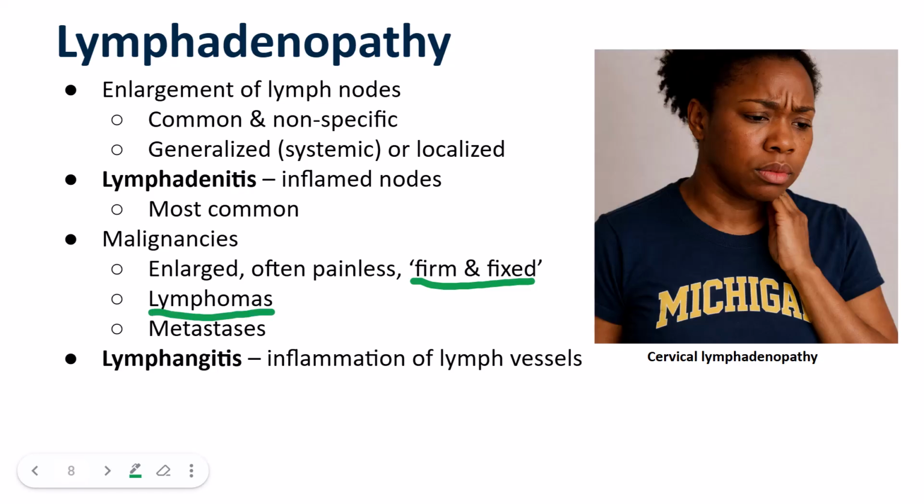This may be indicative of a metastasis. So there could be a carcinoma which has traveled from a primary tumor and is spreading throughout the lymphatic system from node to node. There's also something called lymphangitis. With lymphangitis, the lymph vessels themselves may become inflamed, and this generally appears as a red or erythematous streaking underneath the skin.